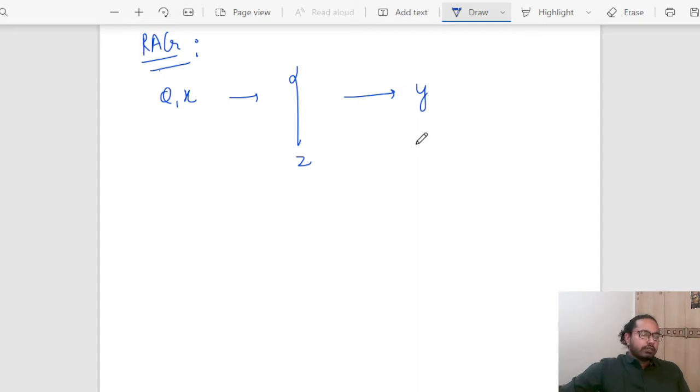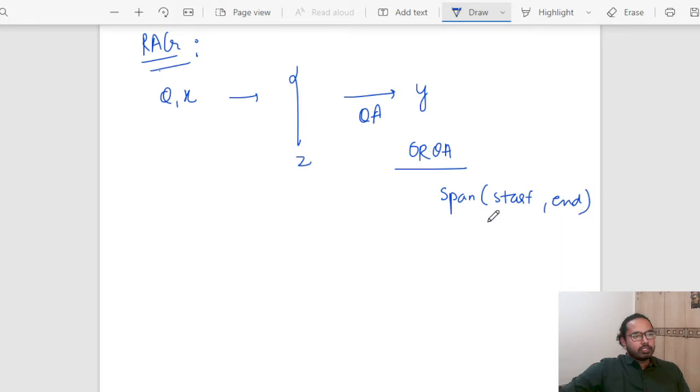So in our last video where we were discussing ORQA, the QA model used in ORQA was an extractive model, which meant it gave the answers as a span which contains the start token number and the end token number, which tell us about the answer span in our context.